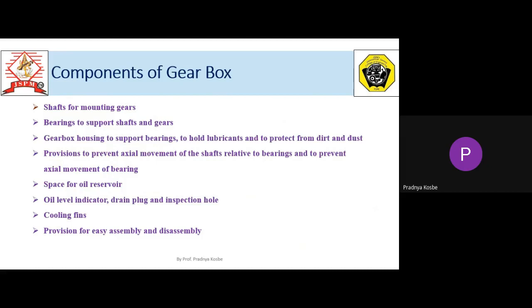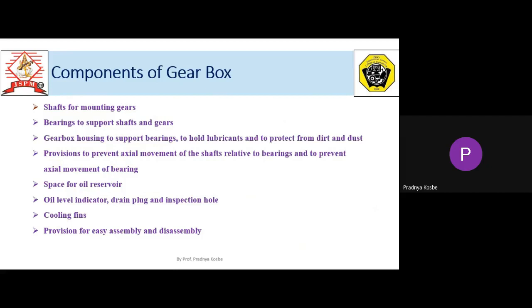The whole assembly should be protected, and for that purpose there is the gearbox housing. It will also hold lubricant and protect the gear assembly from dirt and dust.